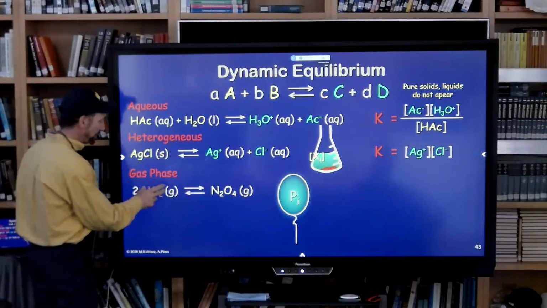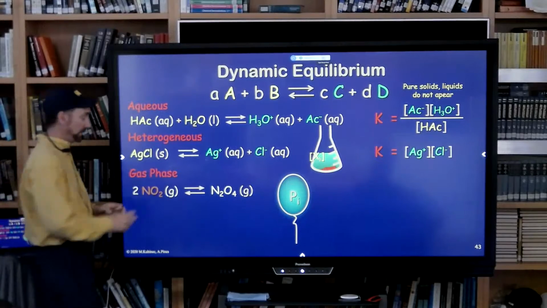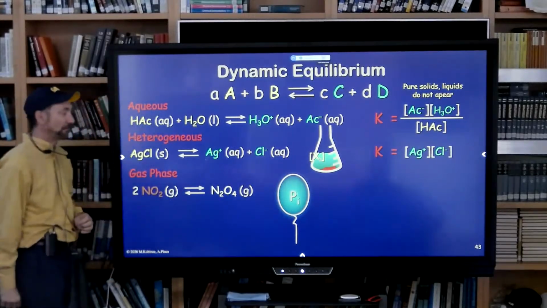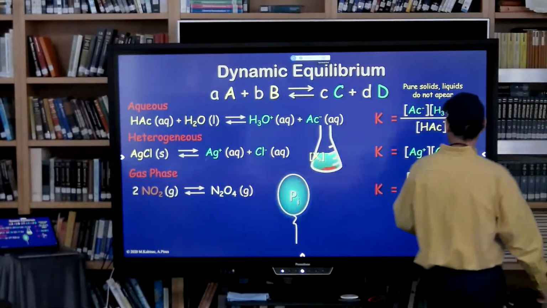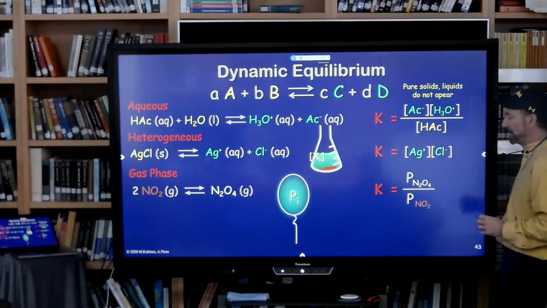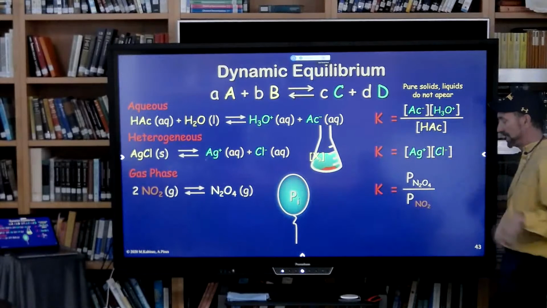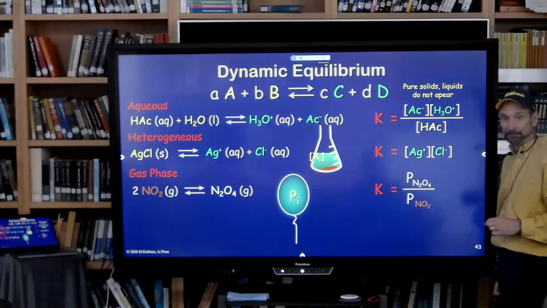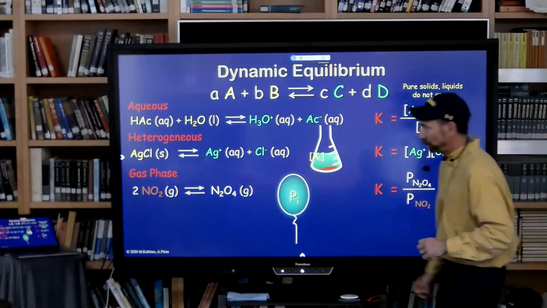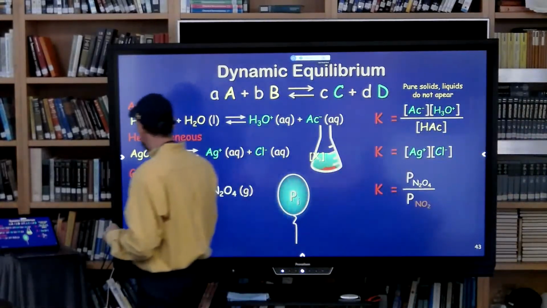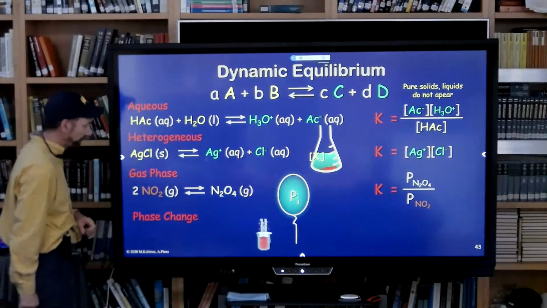So the pressure that comes from the NO2, the pressure that comes from the N2O4, the partial pressures we would write down. We would write that quotient, and that would come to a constant equilibrium value.